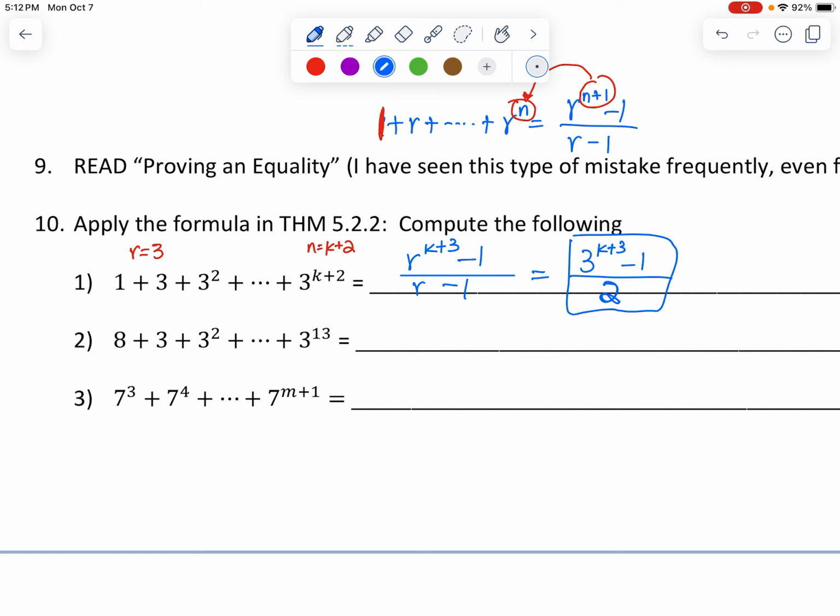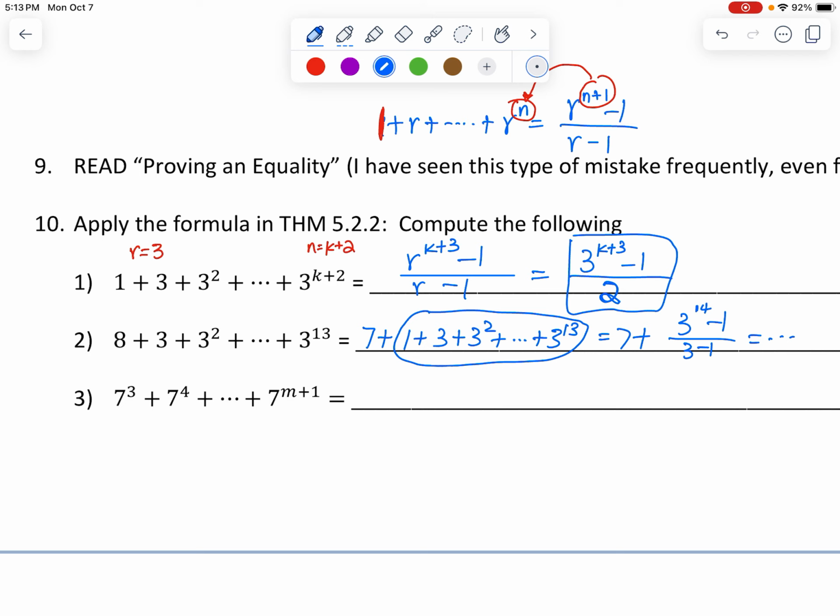So you can say 7 plus 1 plus 3 plus 3 squared plus 3 to the 13, and you just isolate 1 from this 8, so that it becomes 7 plus 1. And then this is like 7 plus. Now you can apply the formula to here with n being 13. So 7 plus 3 to the, add 1 to 13, which is 14, minus 1 over 3 minus 1, and you do the arithmetic.